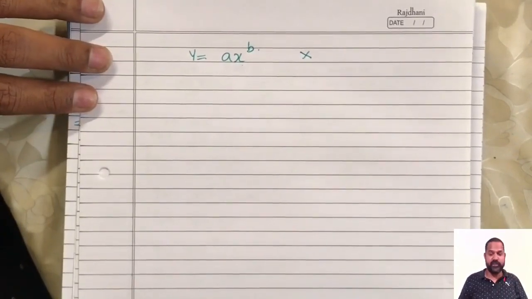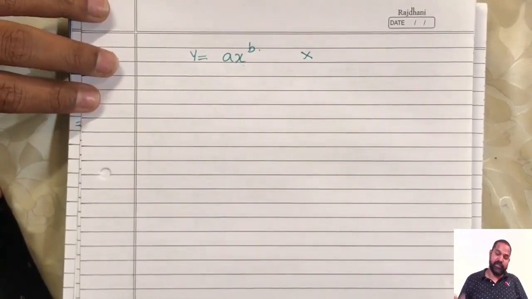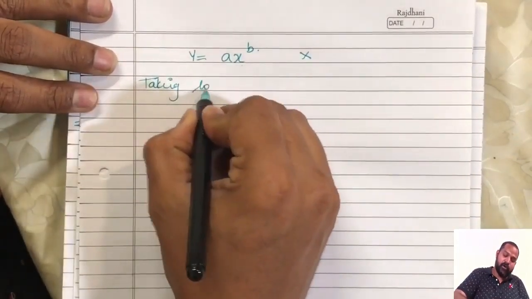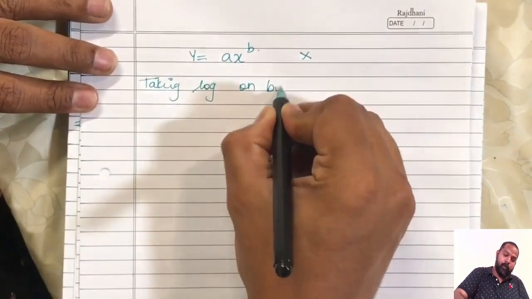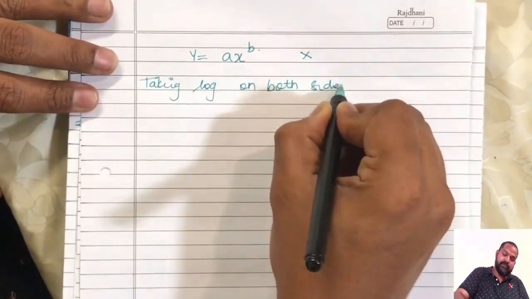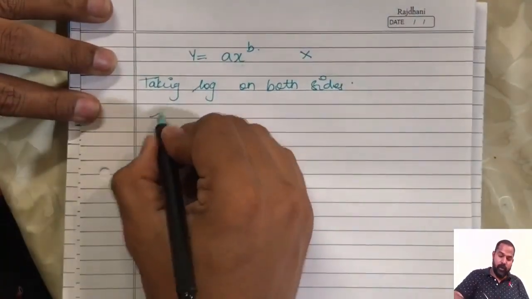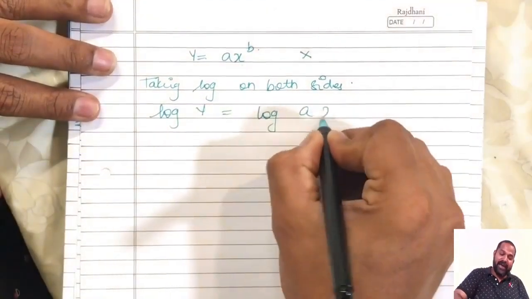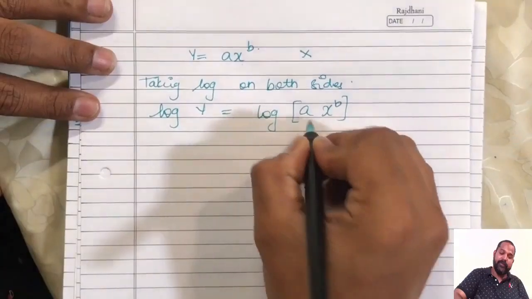Then what will you do in such a case? Well, in such a case, I will say taking log on both sides. Log of y is log of ax raised to b.